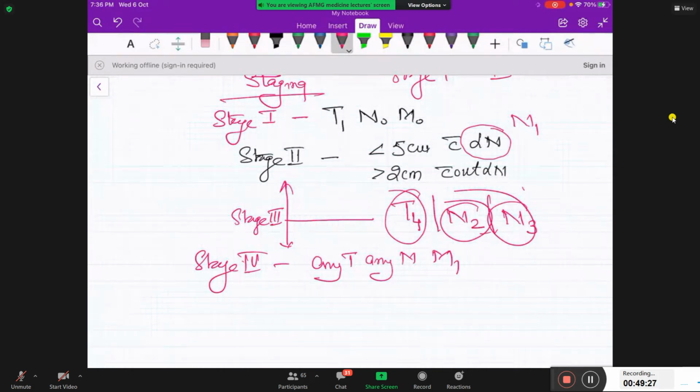Stage 4. क्या कुछ तूफानी करना है? 6 centimeter. आंसर क्या है?